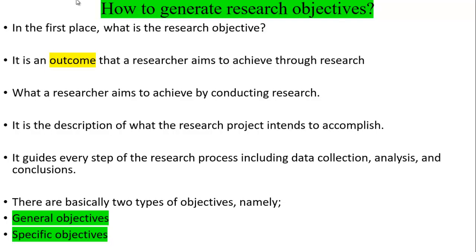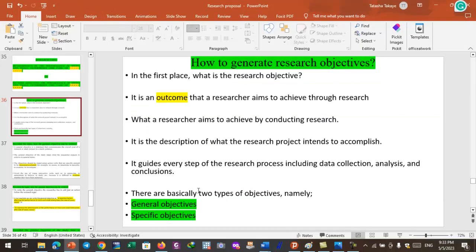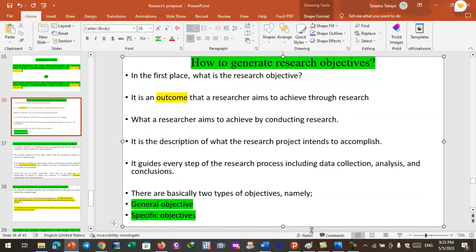There are basically two types of objectives in a research project: the general objective and specific objectives. The general objective is a single statement.